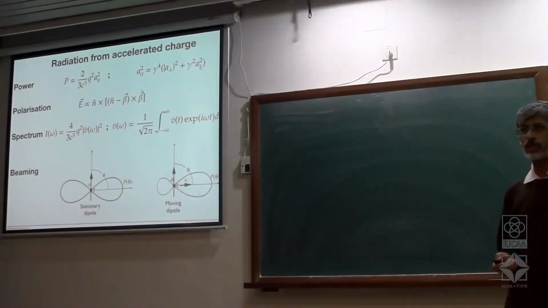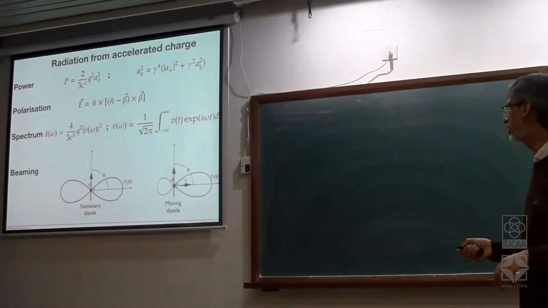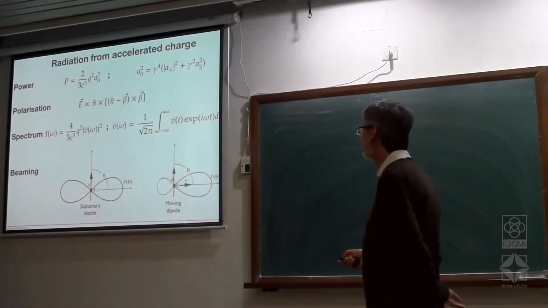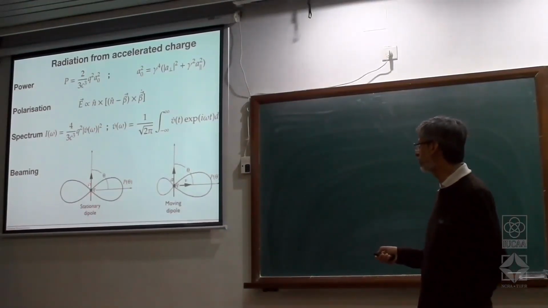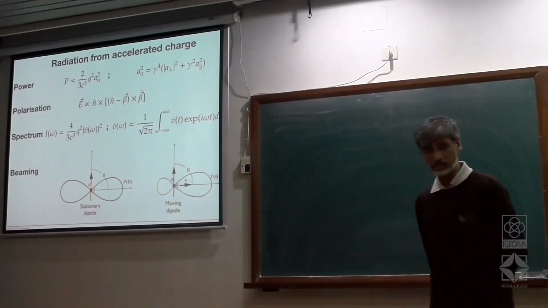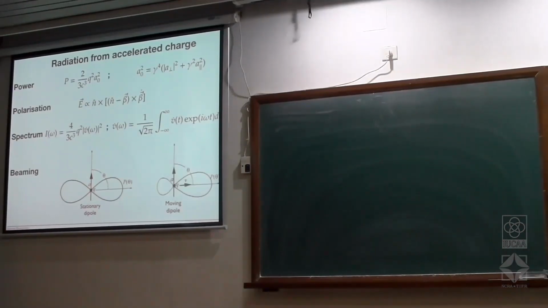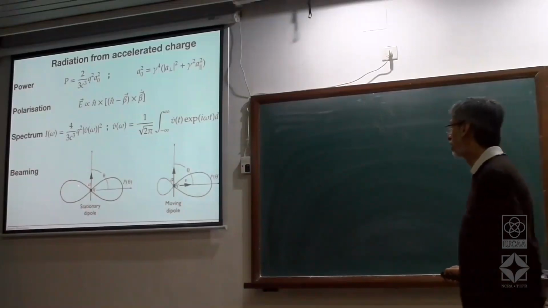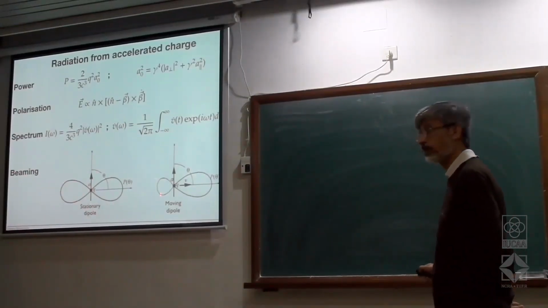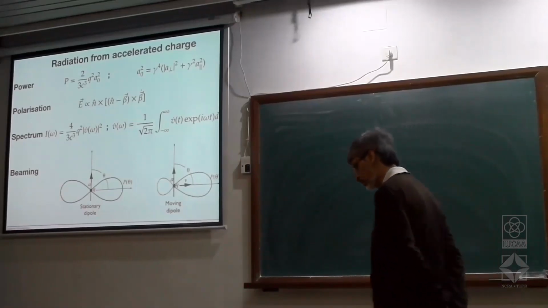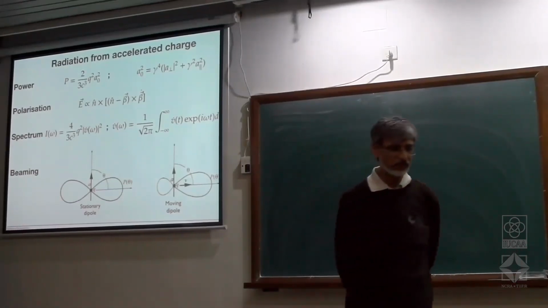So depending on the emission mechanism, you will have a pattern. Now, the simplest emission mechanism you can think of is an oscillating dipole. And if there is an oscillating dipole with axis as indicated over here, then you get this cos square theta pattern or sin square theta pattern in your emission.